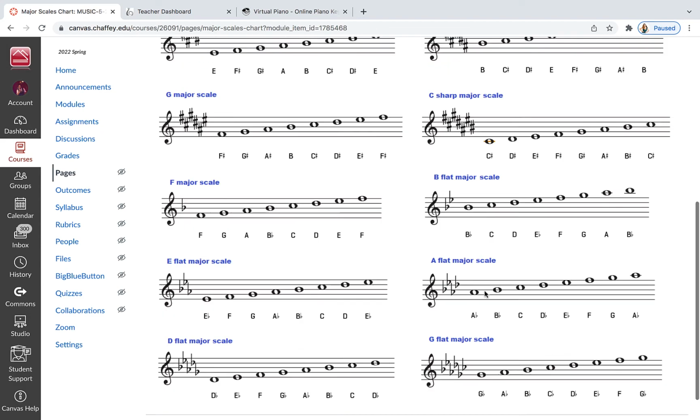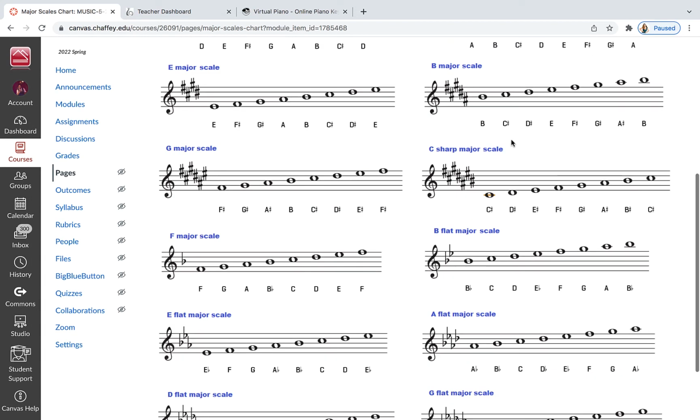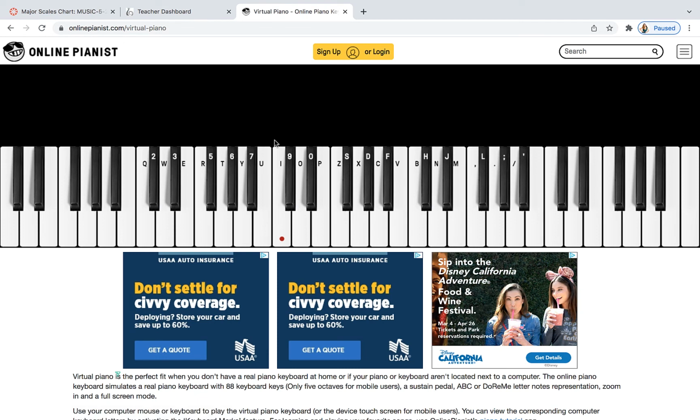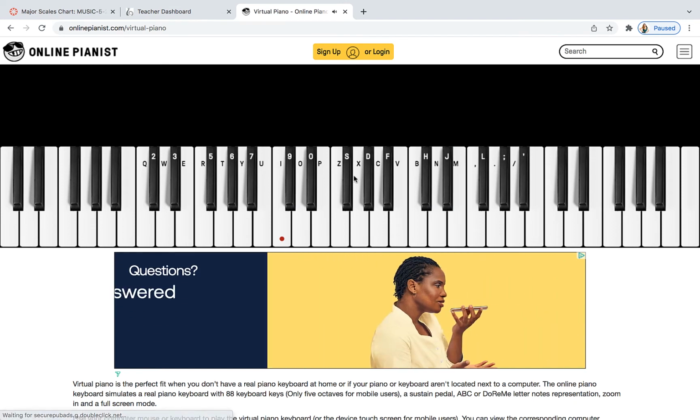So all of these scales, the 12 major scales, are constructed so that it doesn't matter which scale you look at. They're all going to be built whole, whole, half, whole, whole, whole, half. So let's do an E flat scale. I'm going to start on E flat, go to E flat. Here's the scale.